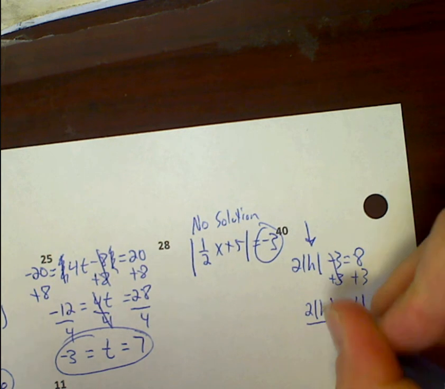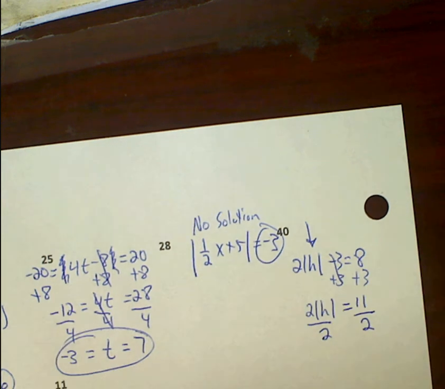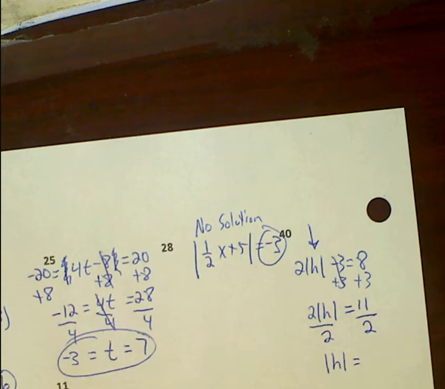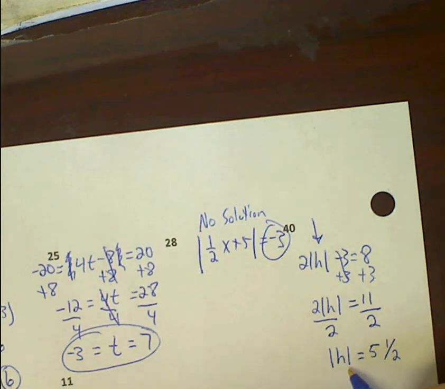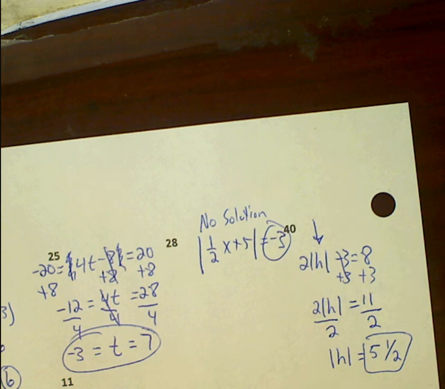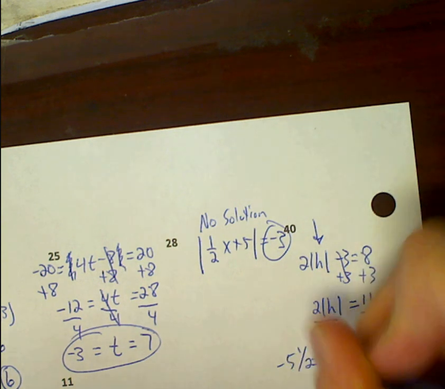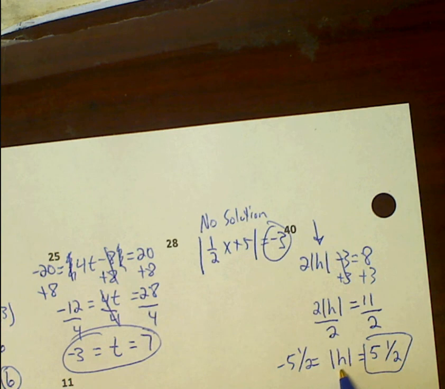Then I'm going to go ahead and divide by 2. So I get absolute value of h equals, that would give me 5 and 1/2 if I divided. Absolute value means the positive and the negative. The h is by itself.